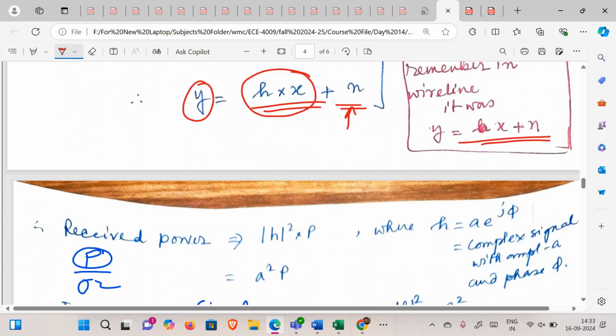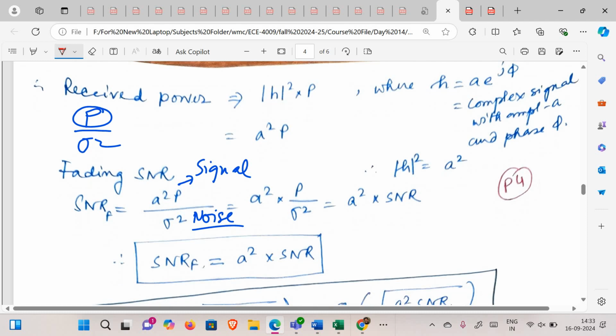Let's see that. So first things first, let us examine H a little bit. If you observe here, H is given by a complex number, A into the power j phi. What is A? A is nothing but the amplitude of the multipath. Suppose there is a transmitter and a receiver, and the signal gets deviated from different sources. After a certain period, the signal will have an amplitude, right?